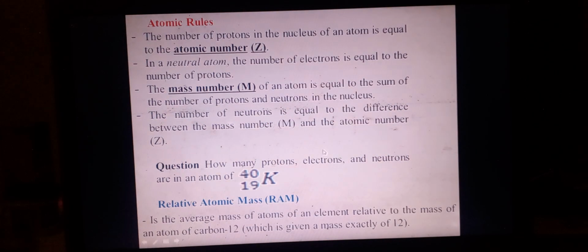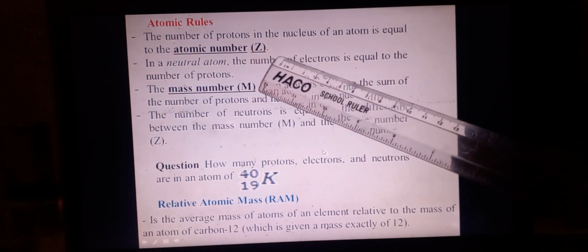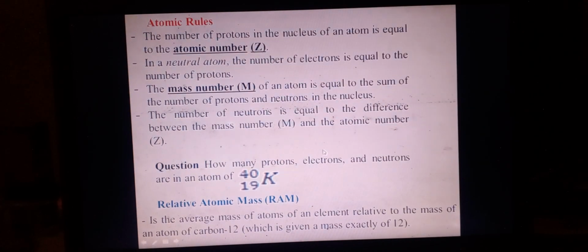So now, first of all, we want to look at atomic rules. Remember back in high school in Form 2, you learned something about the atomic structure. Then you say that an atom is the smallest particle of an element which participates in a chemical reaction. So an atom itself has what we call subatomic particles.